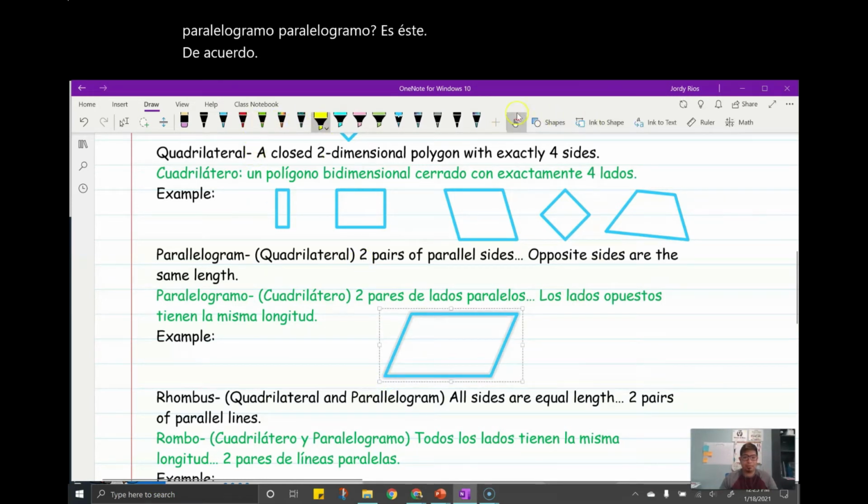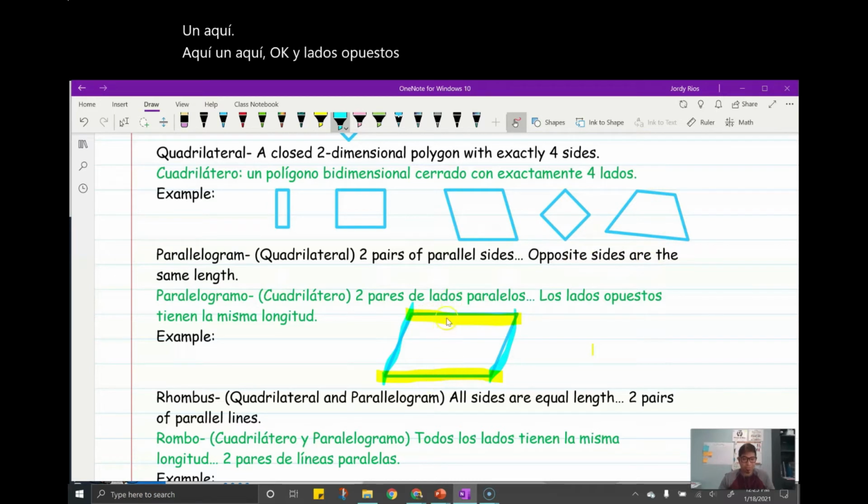We have two pairs of parallel lines here and here, and here and here, and opposite sides are the same length. The yellows are the same length and these are the same length.